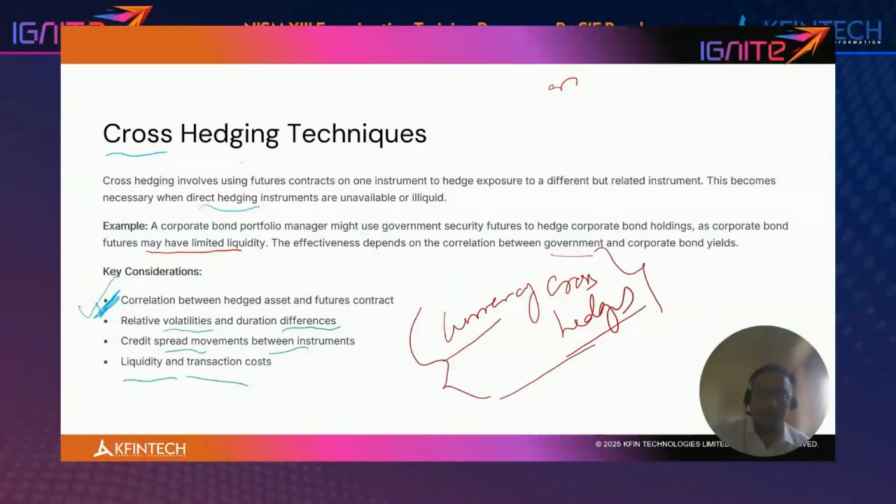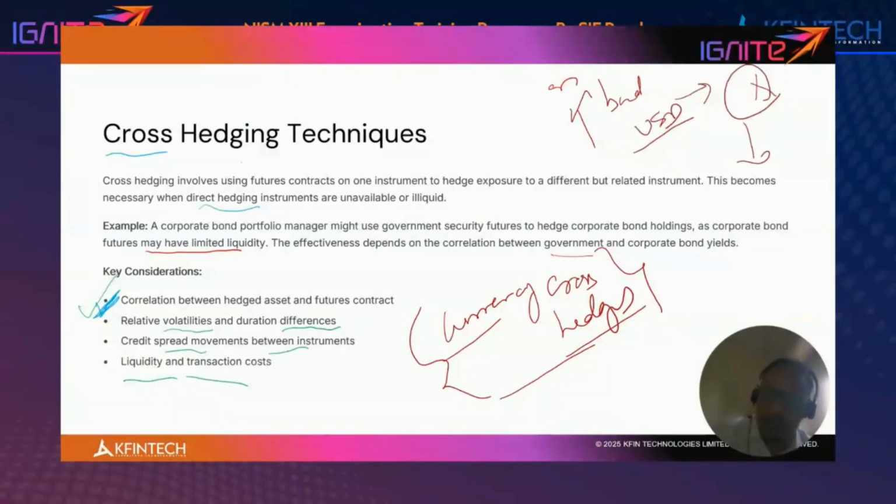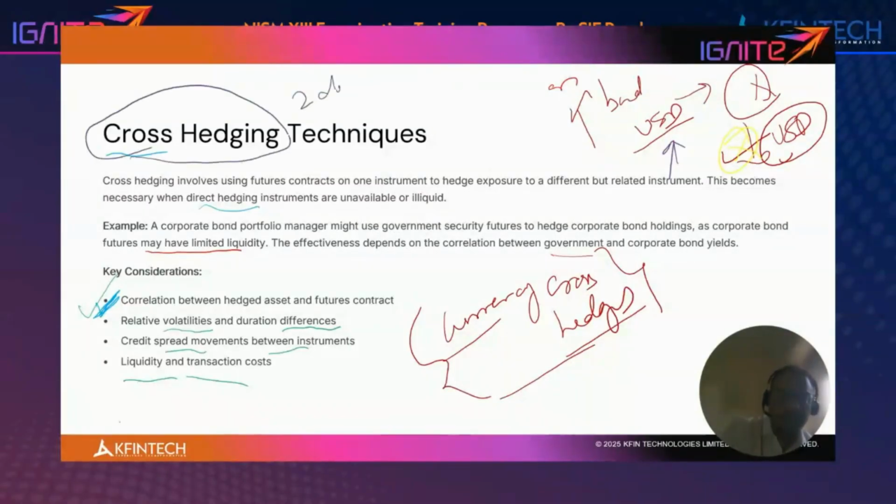But over here, in short, I'll explain that suppose you have a bond which is in USD and you want to hedge it, but there is no relevant bond available. You might enter into another contract which will help you get over the USD exposure. It could be a forex contract, it could be a forward contract or anything, as long as the correlation between them is high. So that is the whole idea of cross hedging. In short, for the exam, just remember cross hedging means two different types of assets.